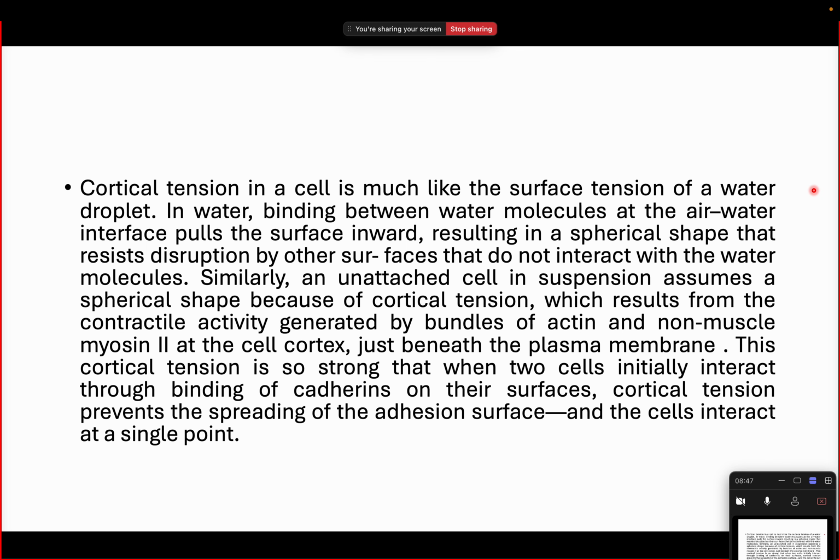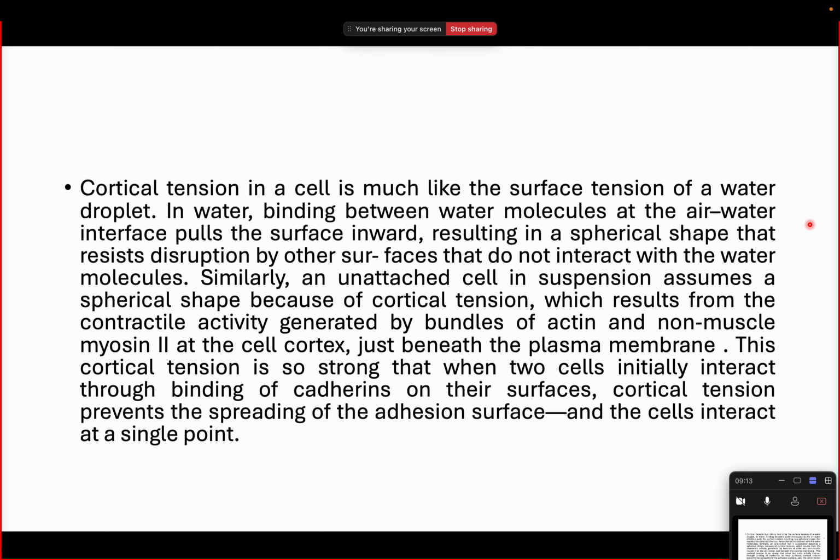Cortical tension in a cell is much like the surface tension of a water droplet. In water, binding between water molecules at the air-water interface pulls the surface inwards, resulting in a spherical shape that resists disruption by other surfaces that do not interact with the water molecules.